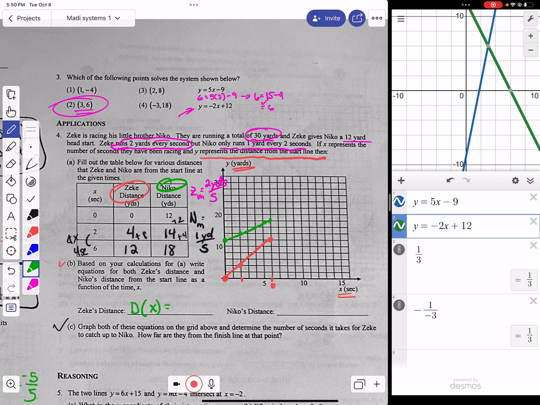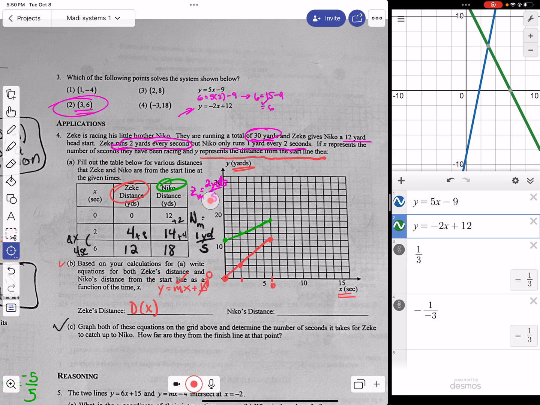And so I guess I should do this in red to match the line that I'm trying to write the equation for distance as Zeke goes in terms of x. So here's his equation. And if you look at it, it's got a y-intercept of 0. So if I'm trying to write y equals mx plus b for Zeke, b is just 0.